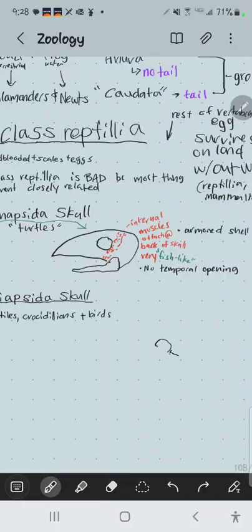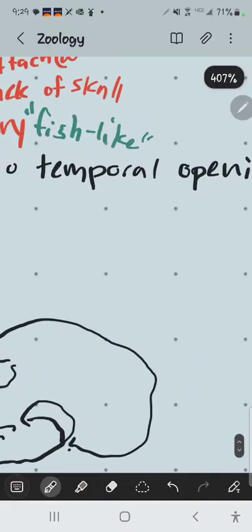And what's going on here is there are actually two lobes or openings in the side of the skull where the jaw muscles, and there are two pairs of jaw muscles, come down and attach to the jaw to articulate the jaw. So here we have two temporal openings, or lobes.